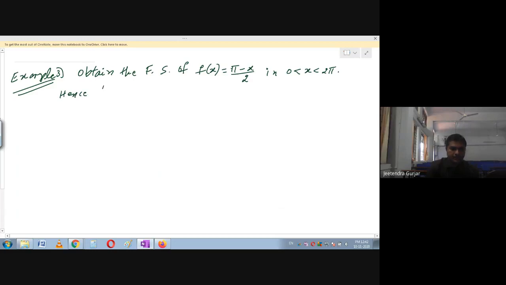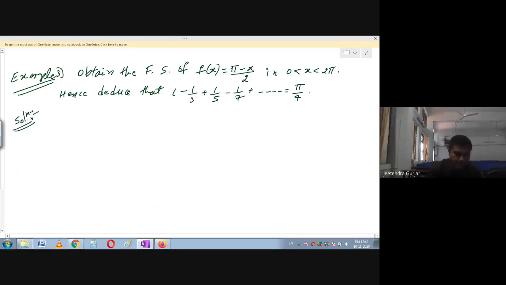Hence deduce that 1 minus 1 upon 3 plus 1 upon 5 minus 1 upon 7 and so on must be equal to pi by 4. It's okay, students. We'll go through the same again once again.